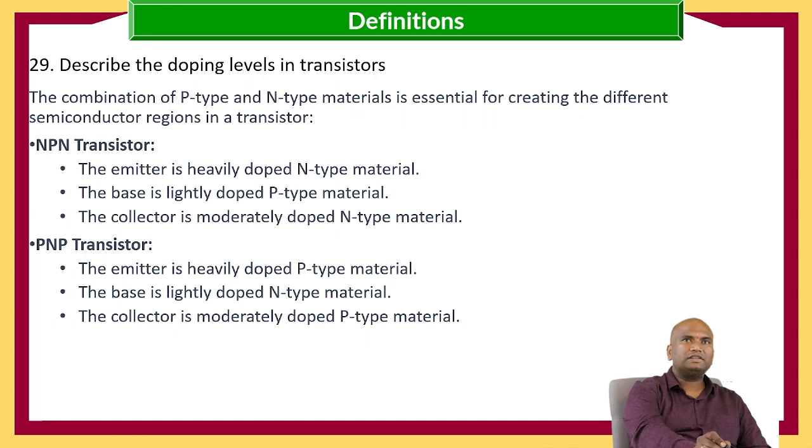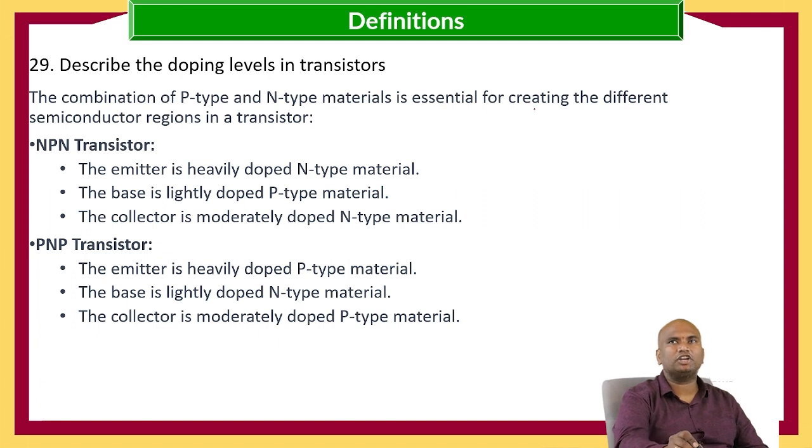Describe the doping levels in the transistors. The combination of p-type and n-type material is essential for creating the different semiconductor regions in the transistor. In an NPN transistor, the emitter is heavily doped n-type material, the base is lightly doped p-type material, and the collector is moderately doped n-type material.